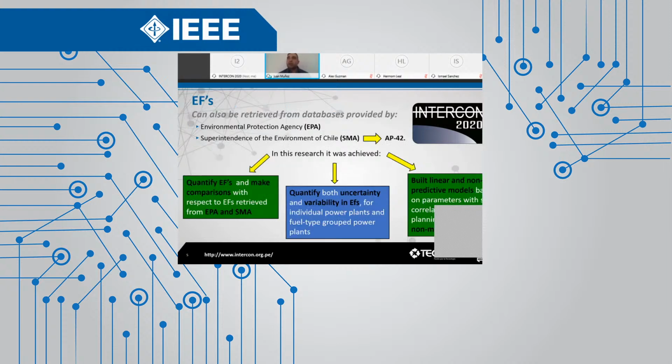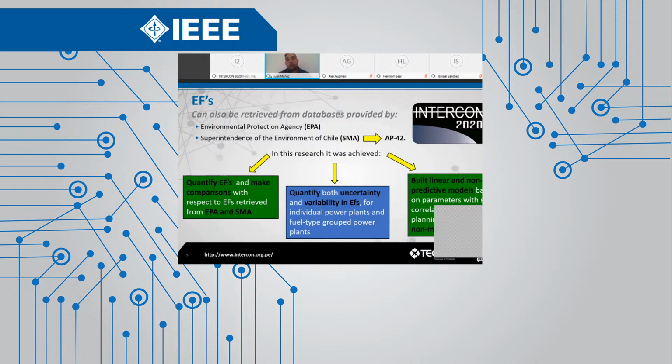And also, some international agencies have taken these experimental values of emission factors and report them in different databases. For example, the Environmental Protection Agency of the USA, or EPA, has a very good database where you can find different emission factors from different types of equipment and under different conditions.